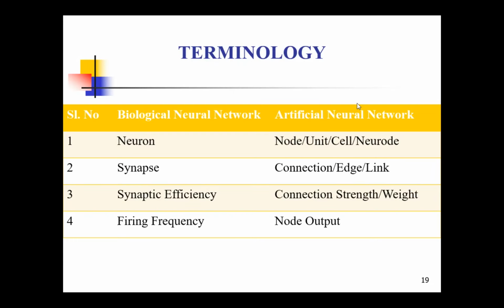Synaptic efficiency is how efficient the synapse is. It decides the connection strength, or the weightages that we provide. Depending upon the weightage, the strength increases. The firing frequency: in biological neurons we deal with electrical impulses, so we use the term firing frequency, and here we call it the output of the node.